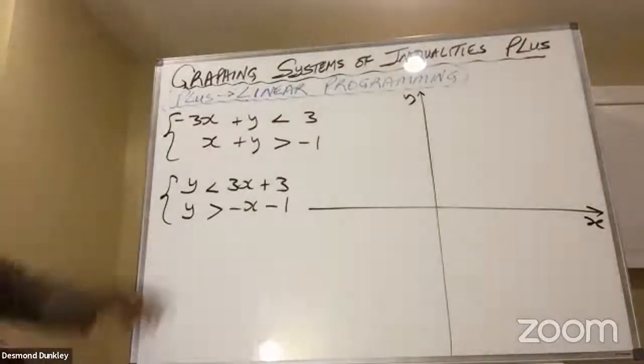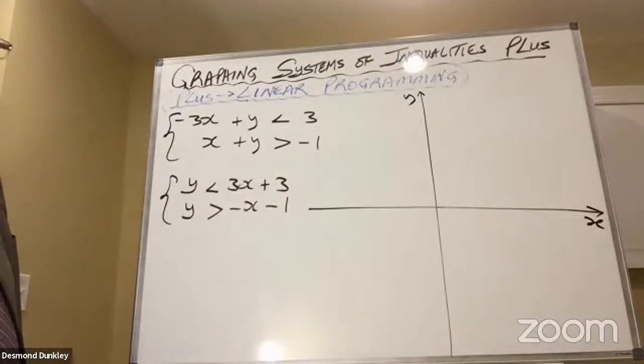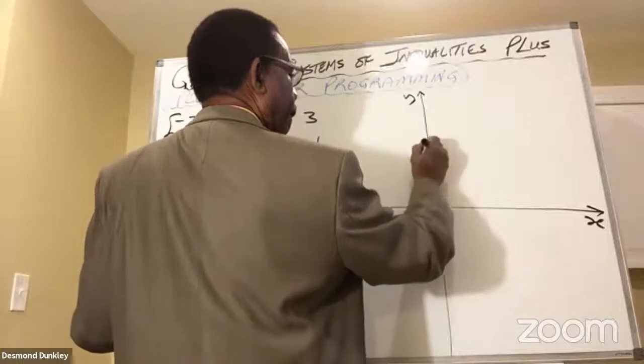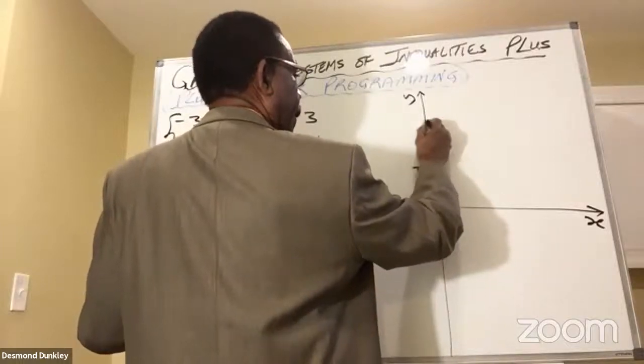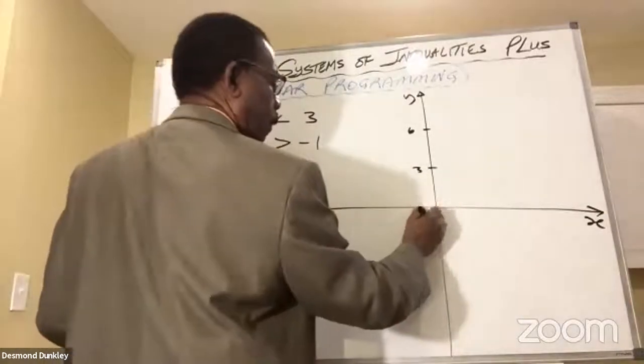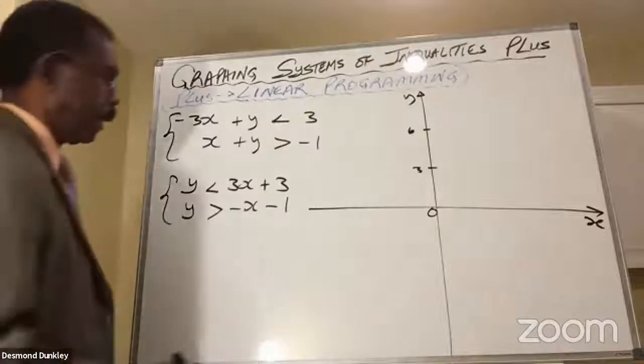Okay, so here, the y-intercept is positive 3. Here, the y-intercept is negative 1.